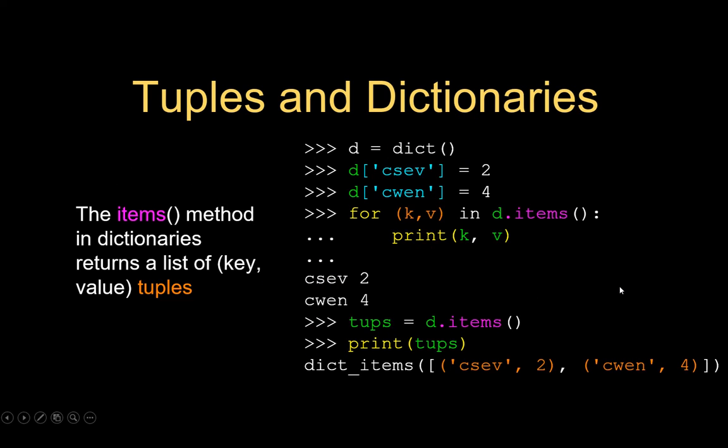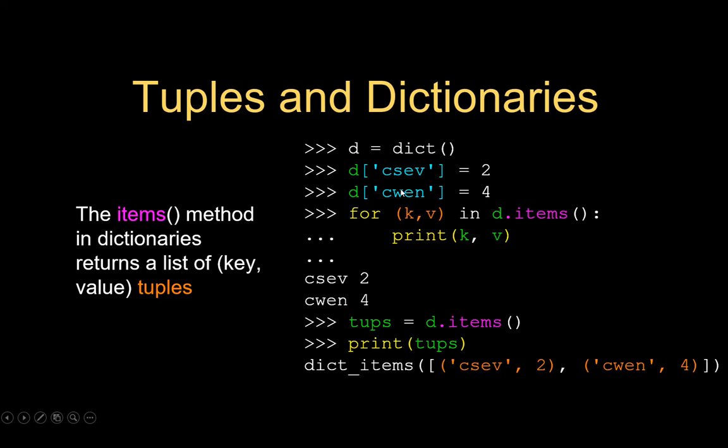Okay, so in this slide, we're going to talk about tuples and dictionaries. We create a dictionary and assign it to D. We have the key CZIF with the value 2, and the key Sven with the value 4.